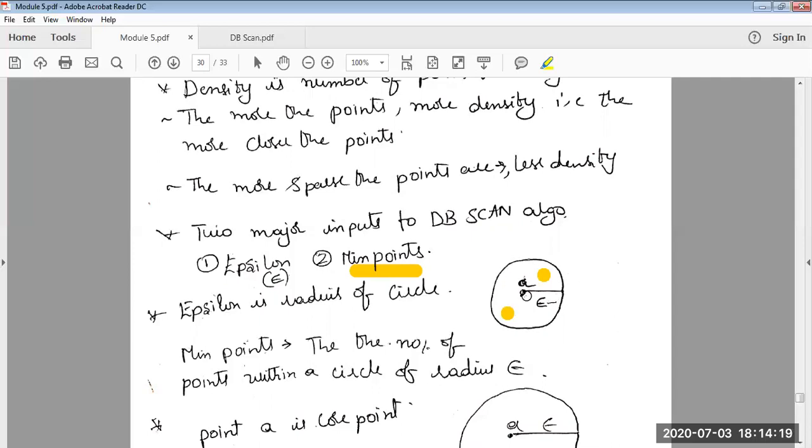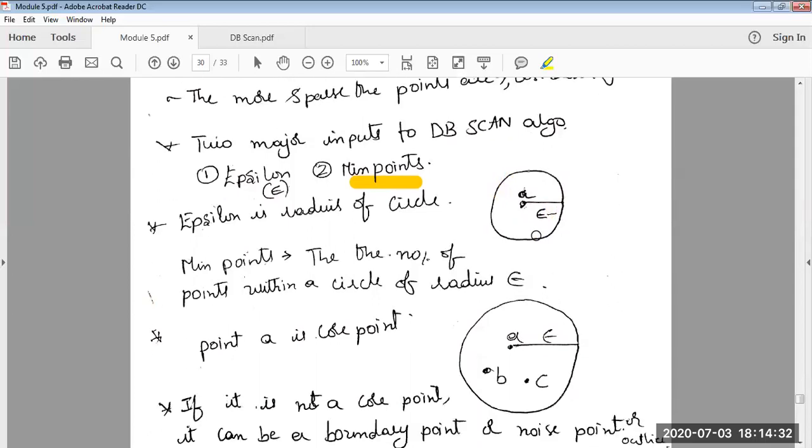You can see that apart from point A, two more points are there. So this constitutes 3 points within this cluster, and in that case, we declare point A is a core point.